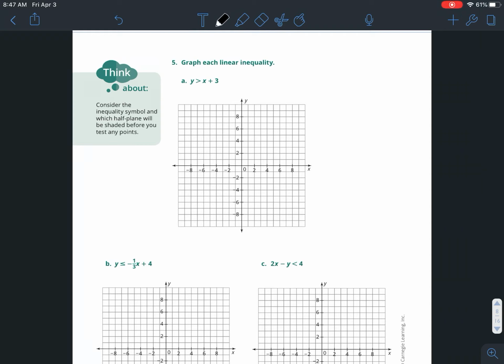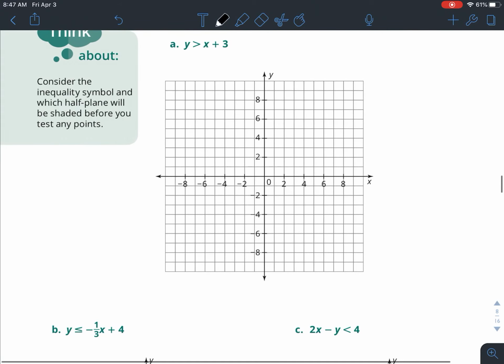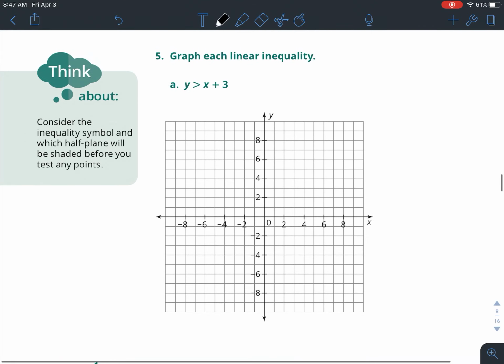A is y is greater than x plus 3. So once again, we have to graph this as first y equals x plus 3. So we got to make our line. Because it's greater than, it is going to be a dashed line. So we see our starting point as 3.